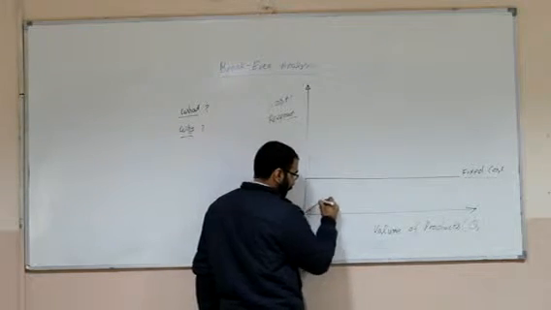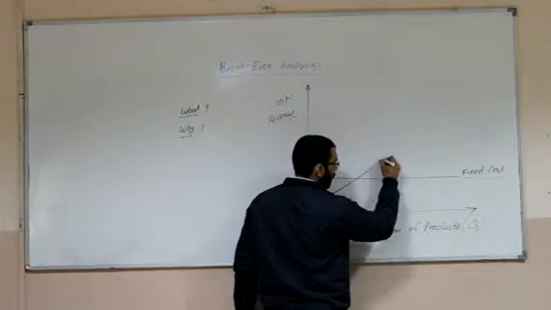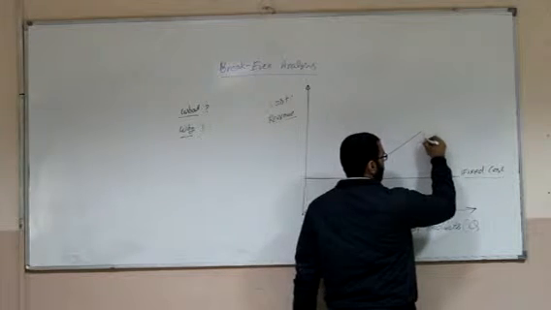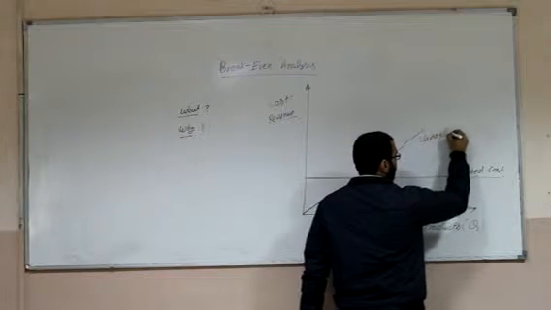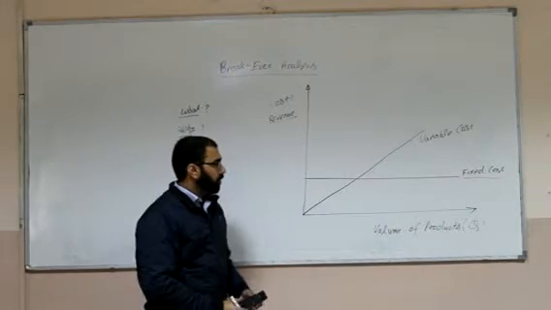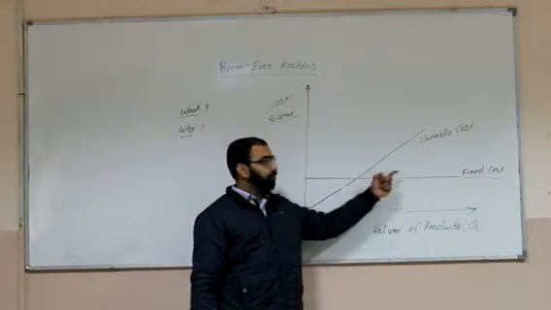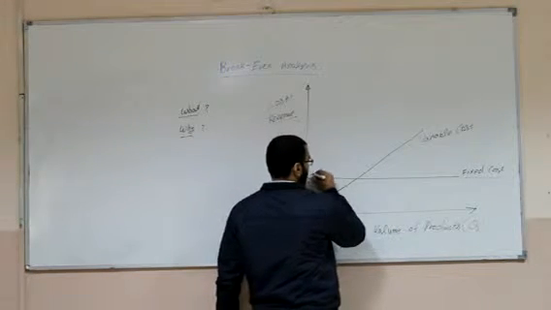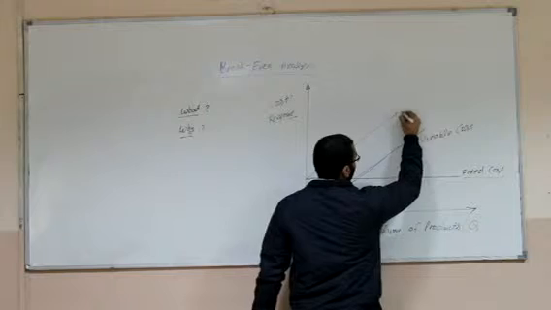If I am producing some components, it will keep on increasing like this. So this line will represent variable cost. Now total cost will become the addition of variable and fixed cost. So this line will represent the total cost.